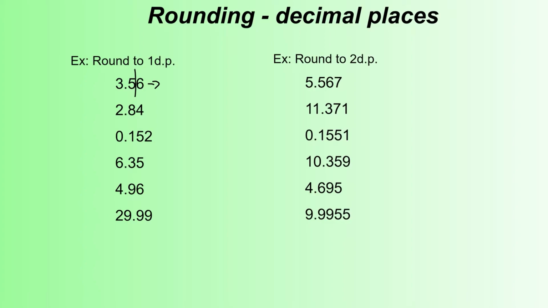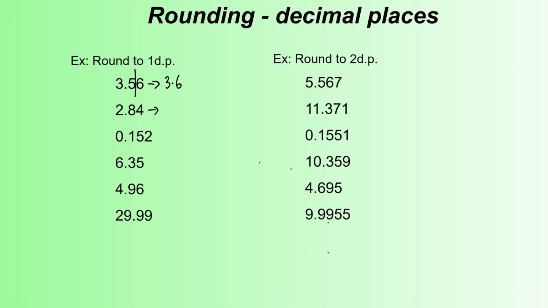To round up, we have to add one on to the number before. We have to think about what comes after 3.5. If we add one on to the tenths column, that would go up to 3.6. Essentially what we're saying is this number is closer to 3.6 than it is 3.5.